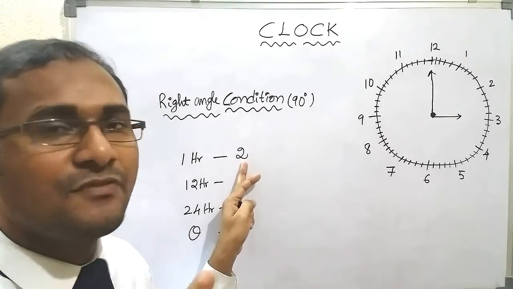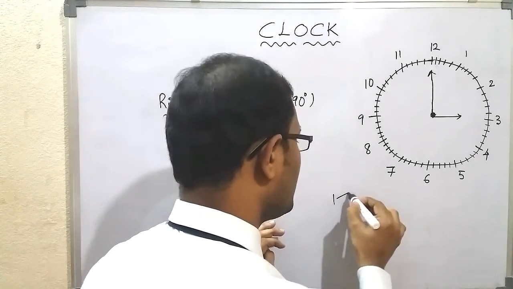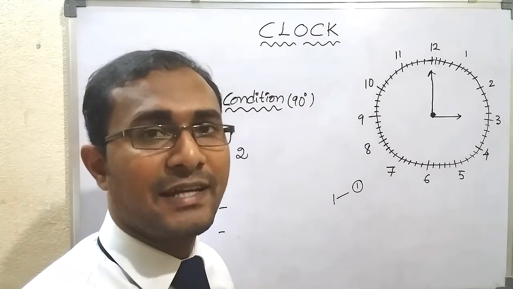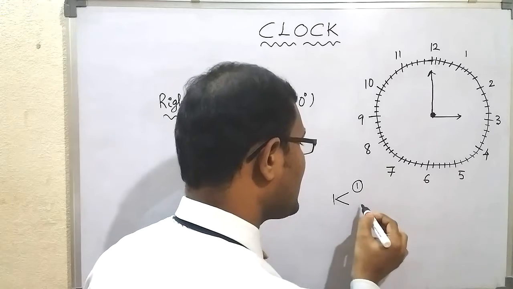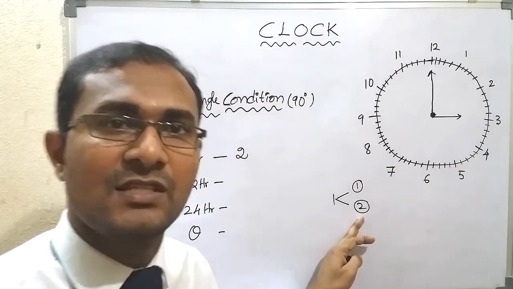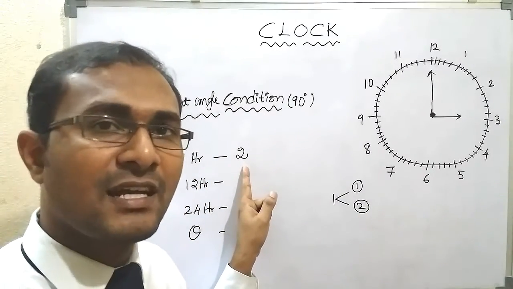Here 2 means, if you take any one, for example 1 o'clock, at one point of time the first right angle condition takes place, and at another point of time the second right angle condition takes place. That is the meaning of the condition. For example, take a simple example, at 1:15, not an exact value, just for example, the first right angle condition takes place.